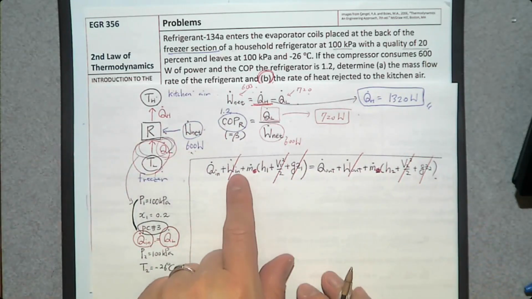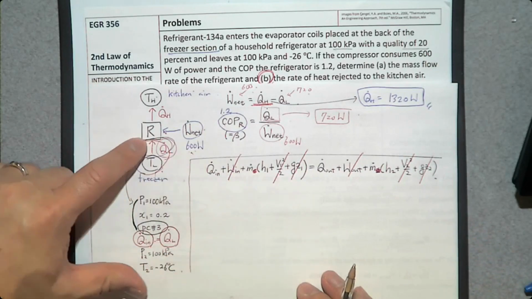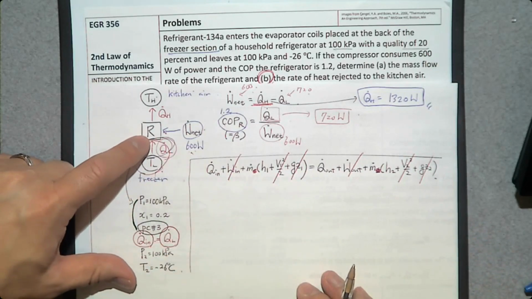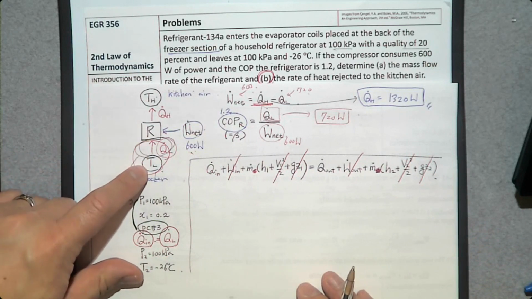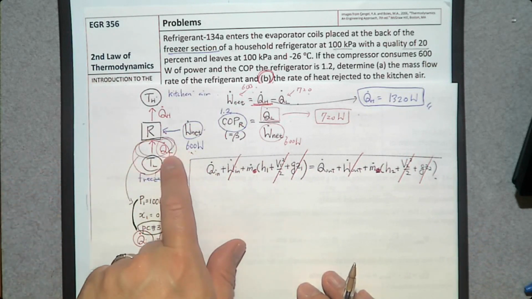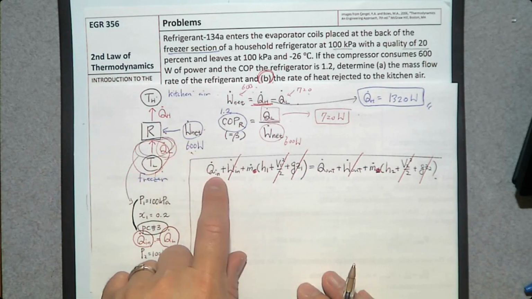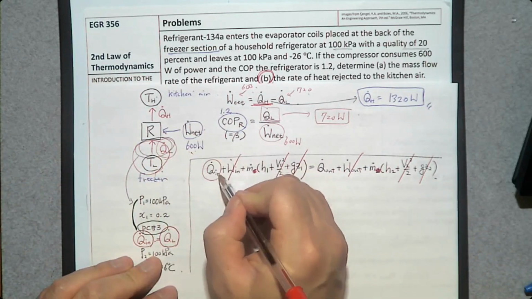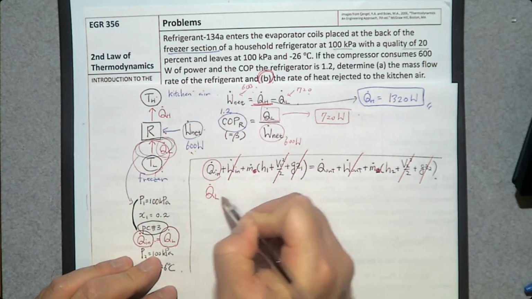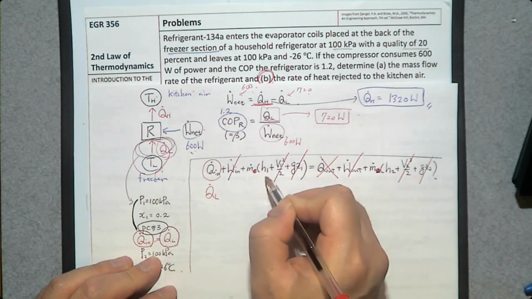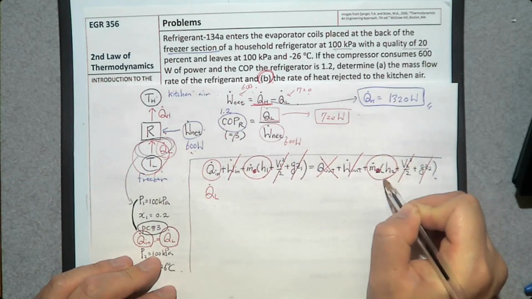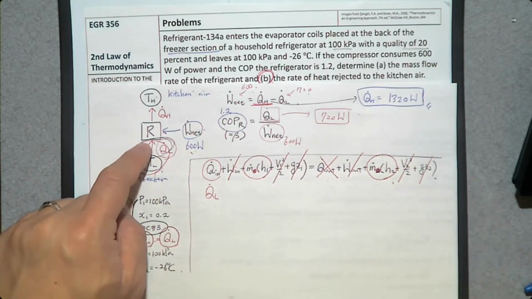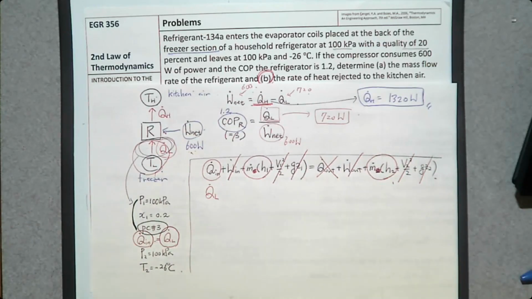And we have a heat transfer into the refrigerant because we are absorbing heat from this refrigerated space at the rate of Q dot L. So Q dot L is Q dot in. There is no Q dot out. So we have the rate of enthalpy at the inlet, the rate of enthalpy at the exit of this evaporator inside the freezer section.